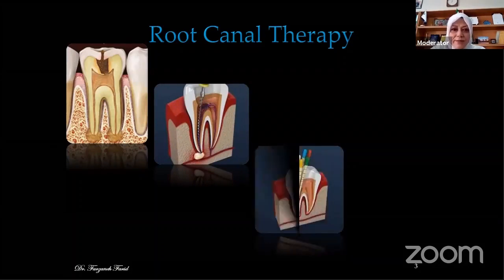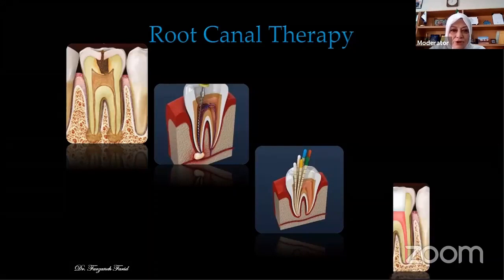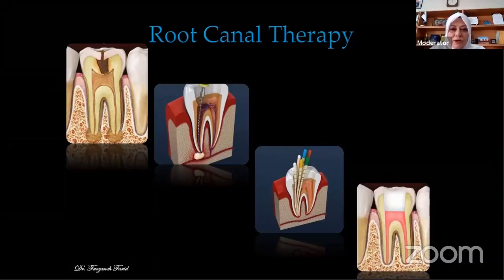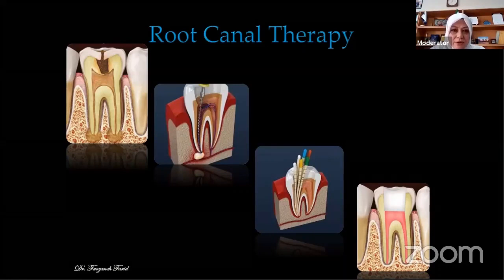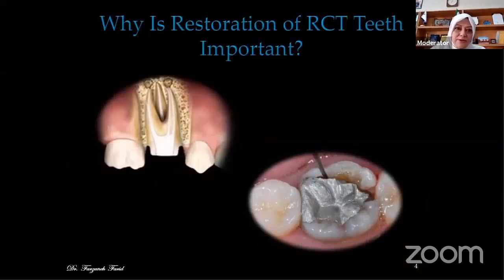The first step is to make an access cavity to the pulp chamber, removing the devitalized and necrotic pulpal tissue, cleaning and shaping of the canals, and filling the canals with material that most often is gutta percha. The last step is restoring the coronal part of the tooth.